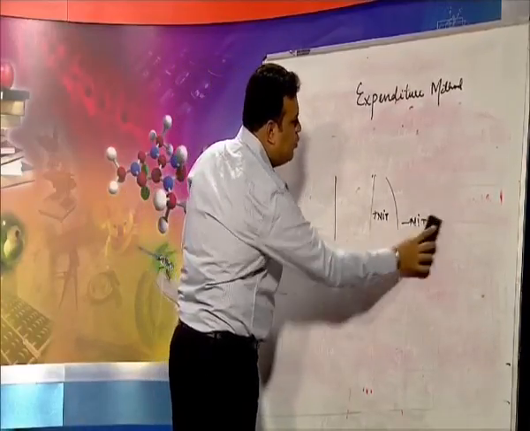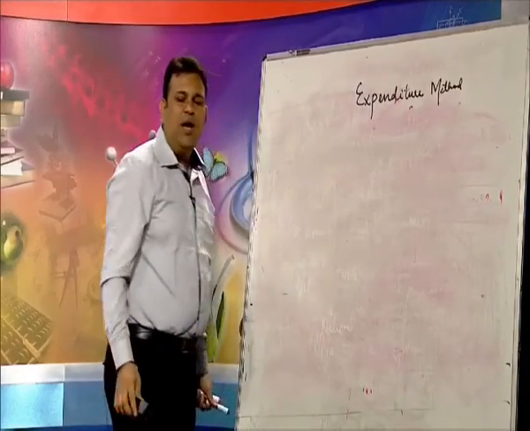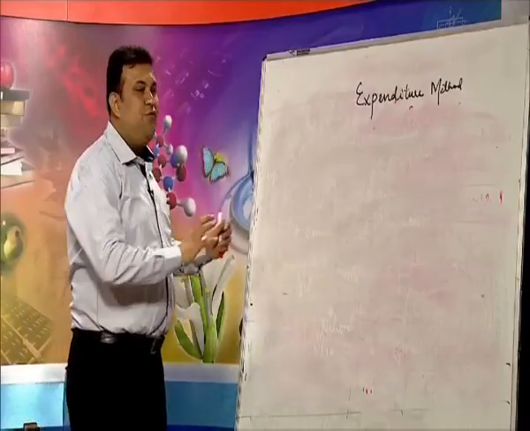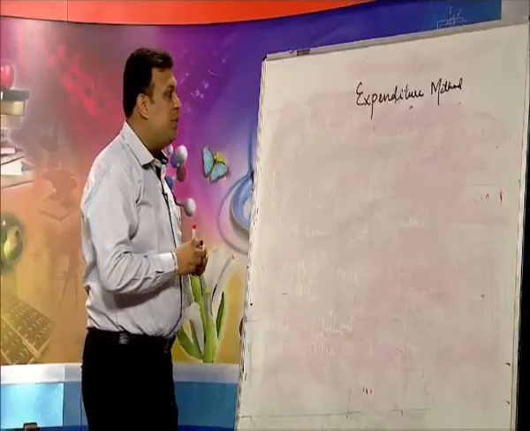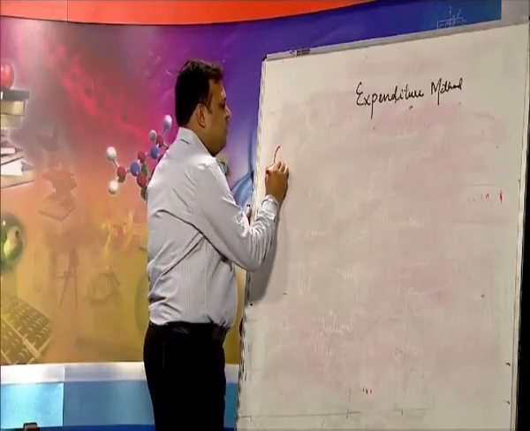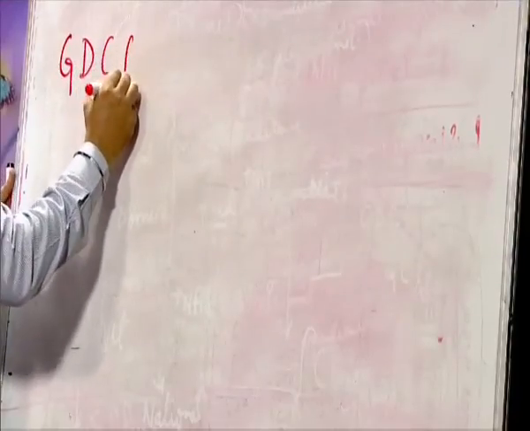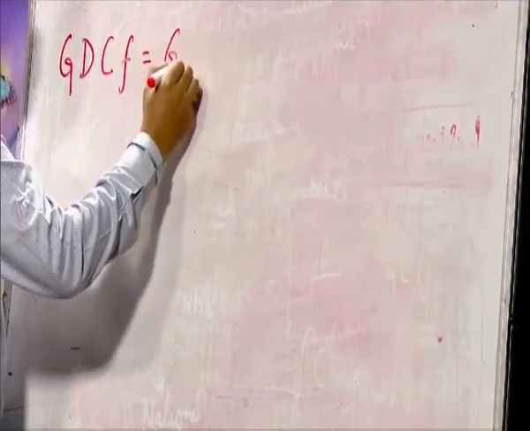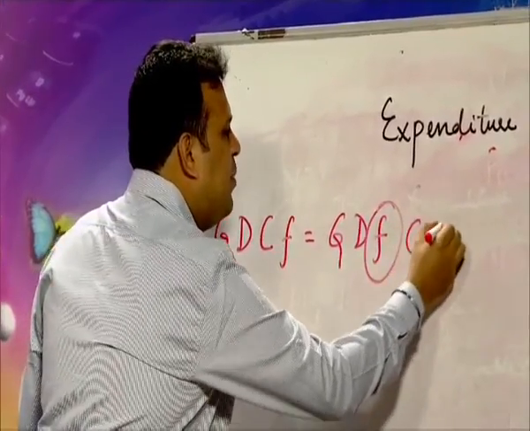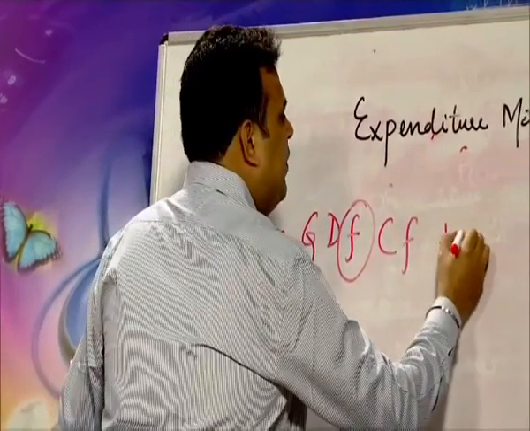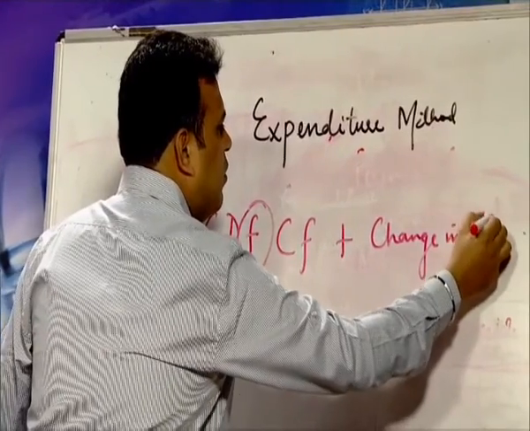The last thing I want to give you, because somewhere in numericals you have confusion, is how to deal with this particular component when it is given to you. I told you gross domestic capital formation is the sum of gross domestic fixed capital formation plus change in stock.